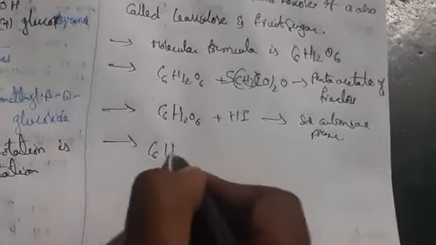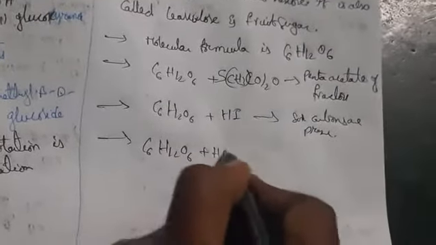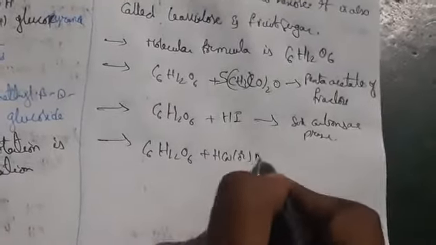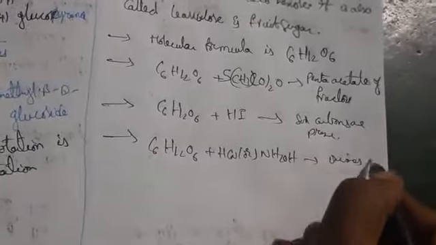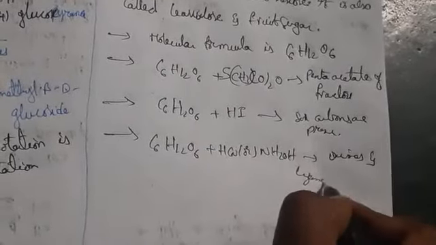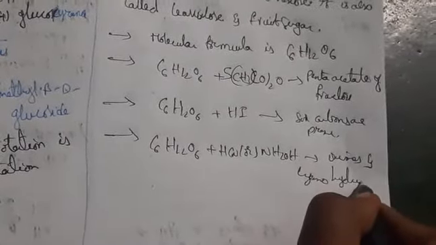And if you react it with HCN or NH2OH, it will form cyanohydrin and oximes. So this structure is similar to glucose.